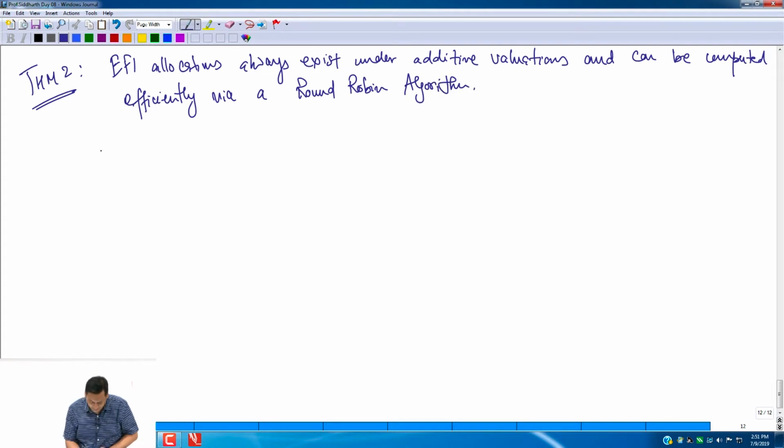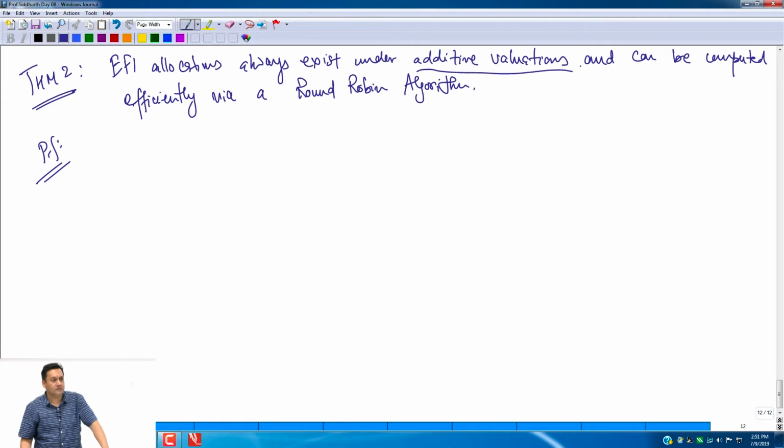What I'm trying to say here is that there's a very natural algorithm when you are in the world of additive valuations that achieves EF1. The algorithm is round robin. I will have the buffet of discrete indivisible goods on the table. I'll order the n agents in some way, say 1 through n, and ask them to form a queue.